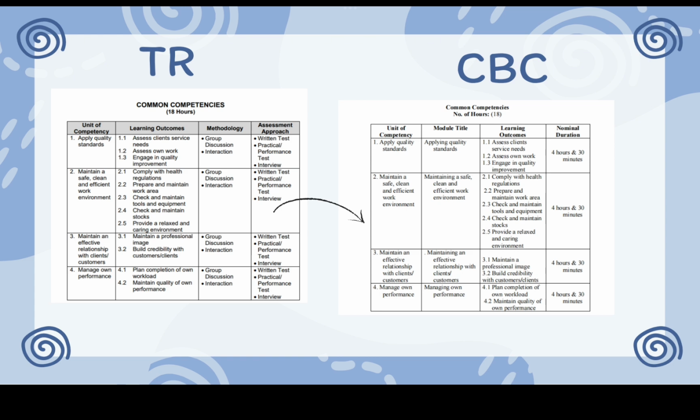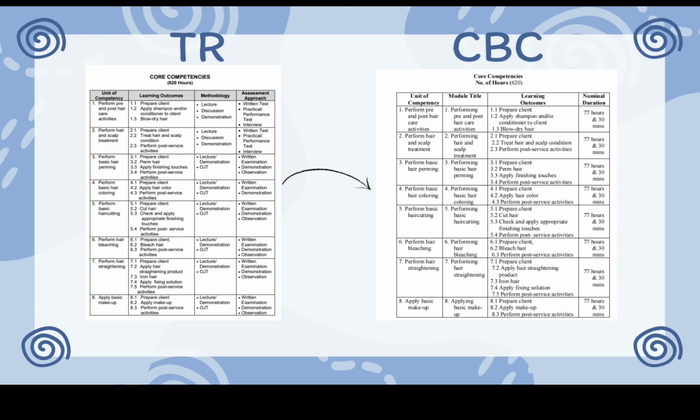This includes following health regulations, preparing the work area, and maintaining tools and equipment. Third is maintaining an effective relationship with clients or customers, where trainees learn how to maintain professionalism and build trust with clients. The last competency is managing their own performance, where trainees learn how to plan their tasks and maintain the quality of their work performance.